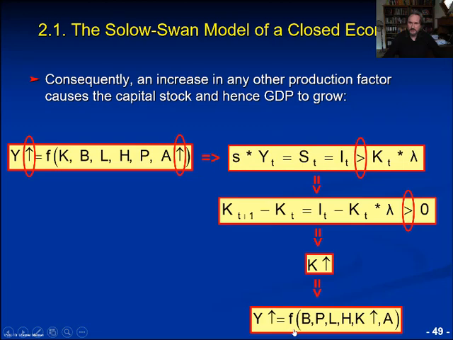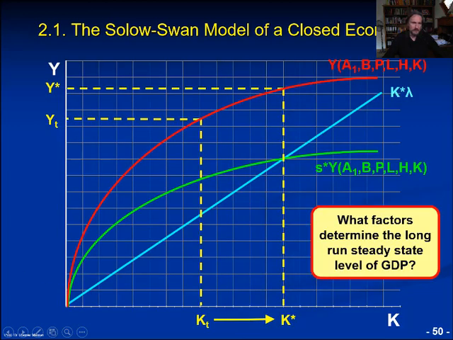The secondary GDP growth effect plus the primary GDP growth effect yield together the total growth of GDP due to the initial increase of technological knowledge. We have now found all the factors of influence which determine the steady state level of GDP.